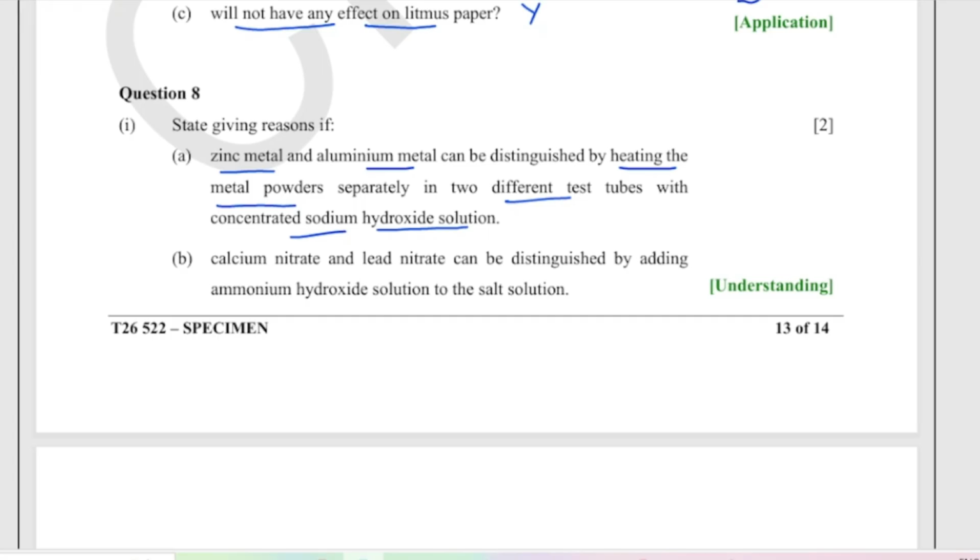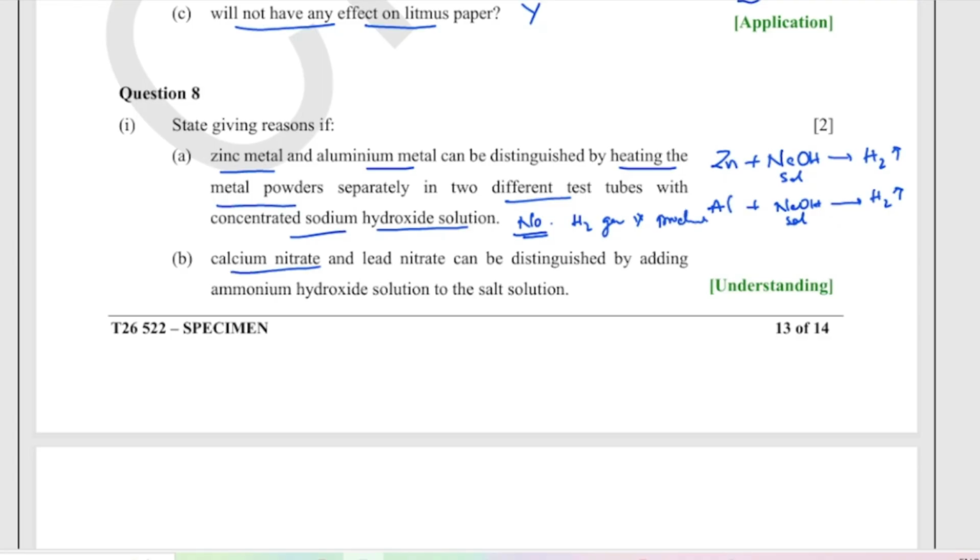So you are taking zinc plus sodium hydroxide solution and then aluminum plus sodium hydroxide solution. If both of them are aqueous solutions, we cannot distinguish them, because in both the cases you will get hydrogen gas liberated. So no, because in both the cases hydrogen gas is produced.